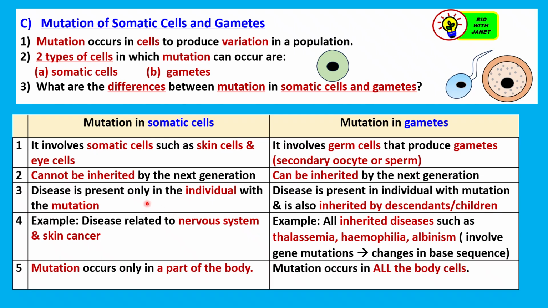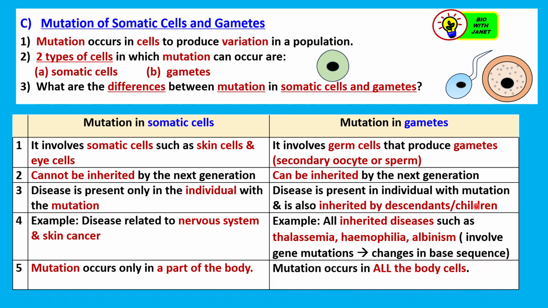So disease is present only in the individual with the mutation in somatic cells. For example, a mutation in the skin cells due to exposure to excess ultraviolet rays can cause skin cancer, right? So that skin cancer is not passed down to the offspring, because it occurs in the somatic cells only, not in the gametes.